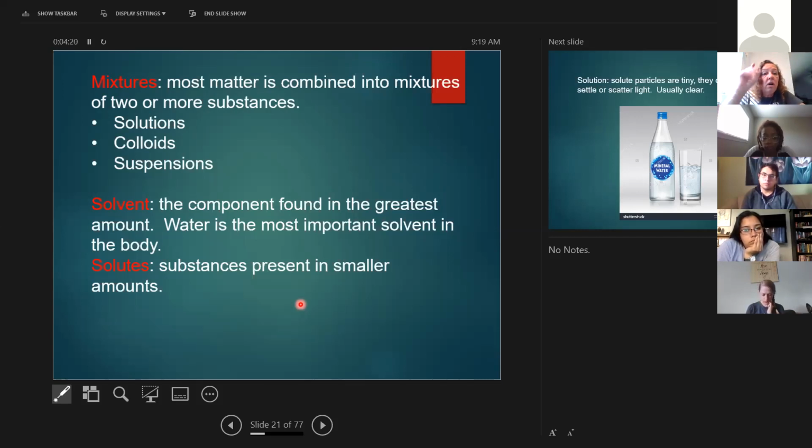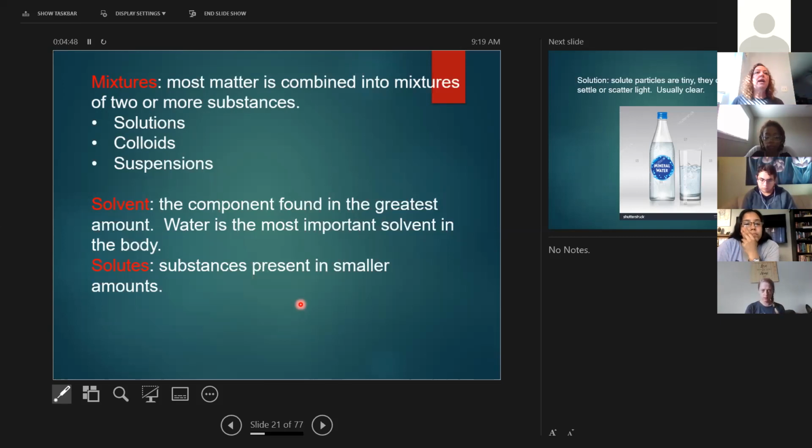Again, I know this is a lot of material, but really the depth we're going to is simply terminology. We're really just defining these. So when we're mixing stuff together, we have the thing that we're mixing into and the thing that we're mixing. For example, if we have the protein powder and the water, the water is going to be the solvent.